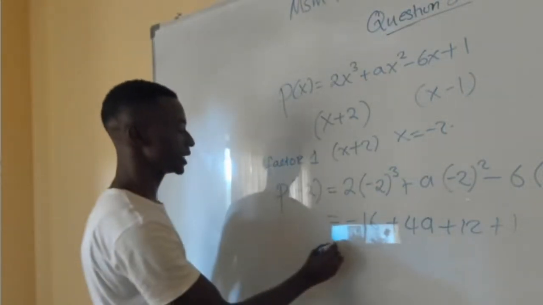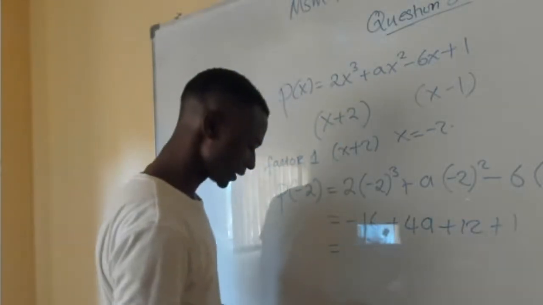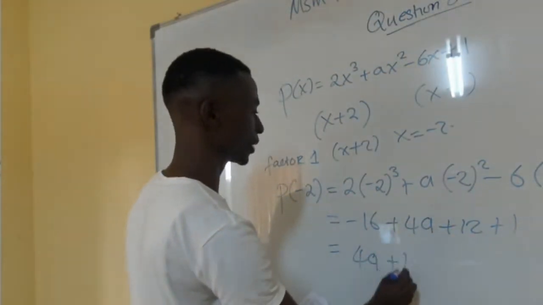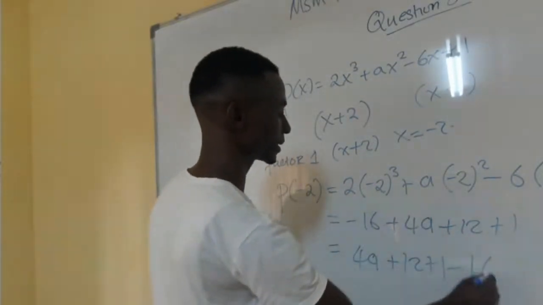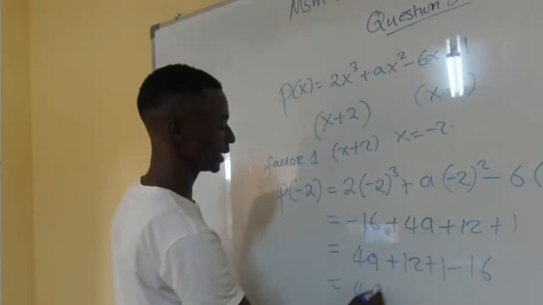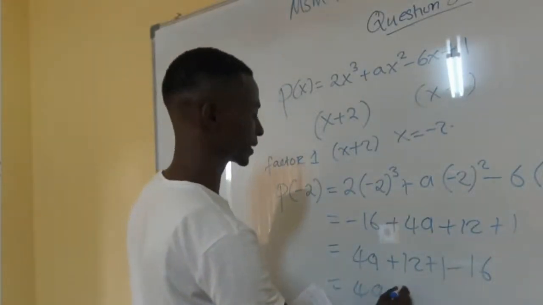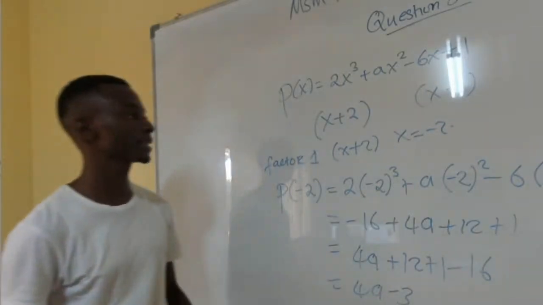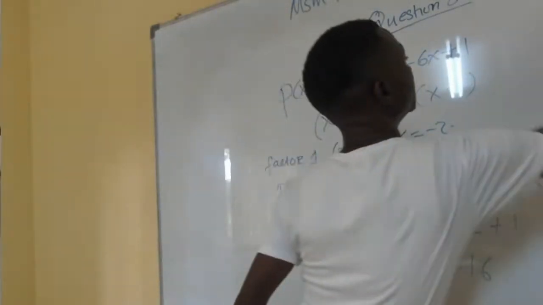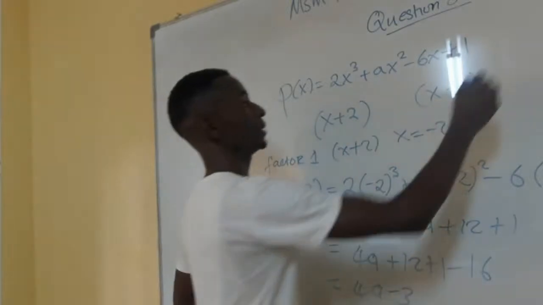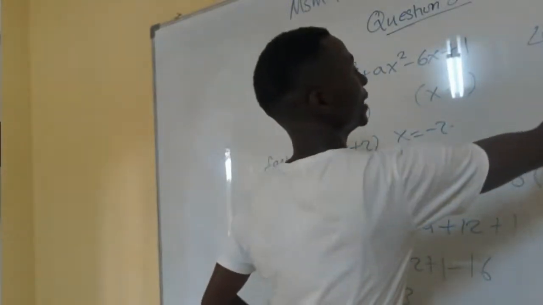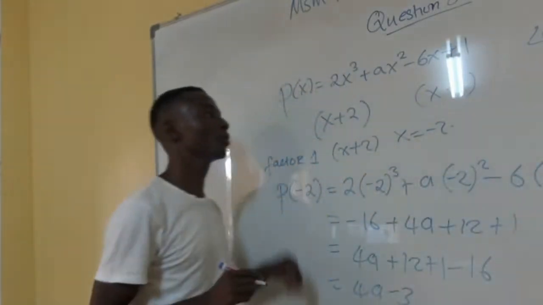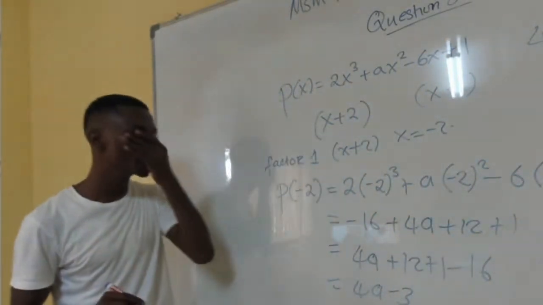If you do the additions, you're having 4a plus 12 plus 1 minus 16. So it means you have 4a minus 3. So your first equation here is 4a minus 3. That's your first equation, equation 1.